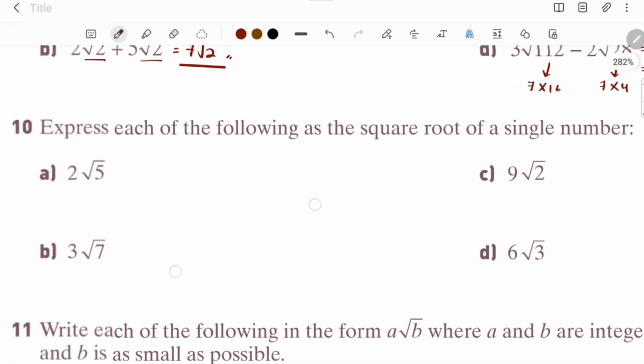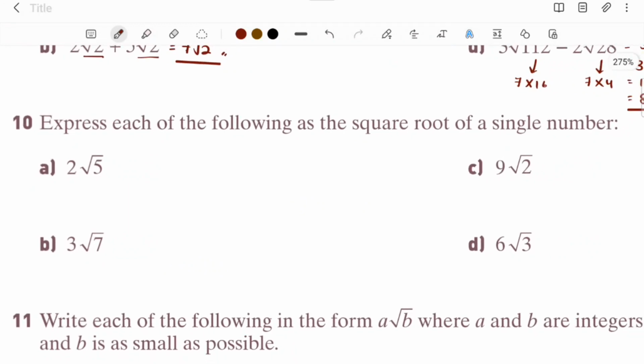Okay. Express each of the following as the square root of a single number. Okay. Two. We know that if we want to put square root, we can write it like that. 2 equals square root, and then square. So 2 square and then square root of 5.